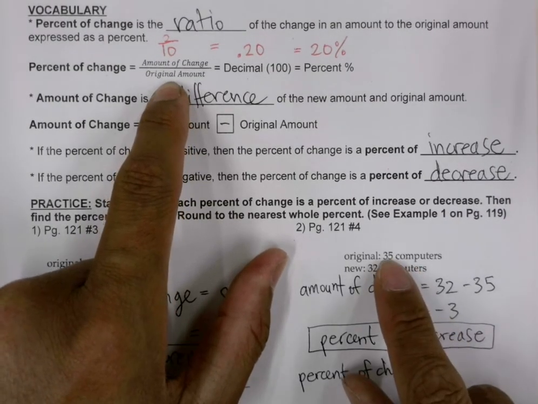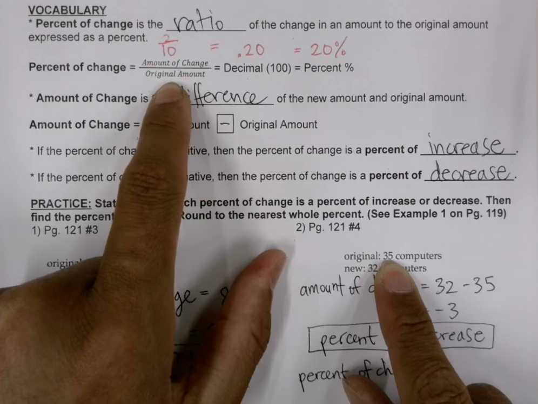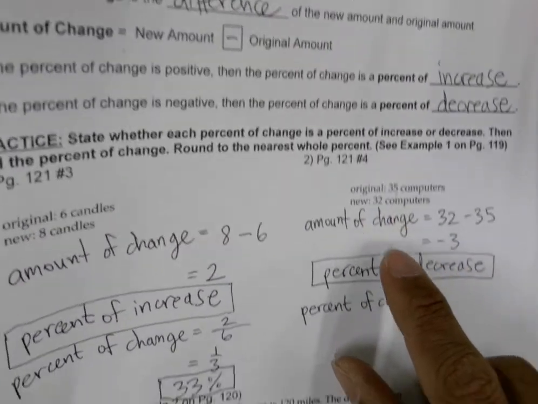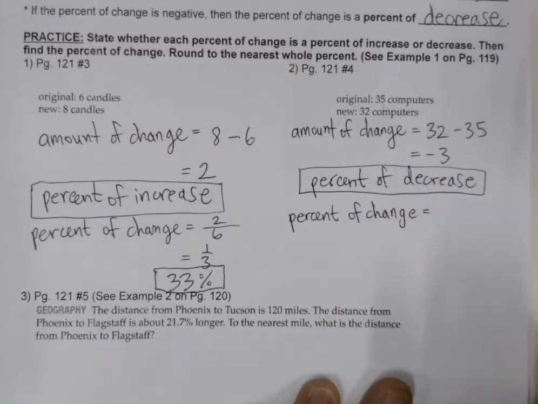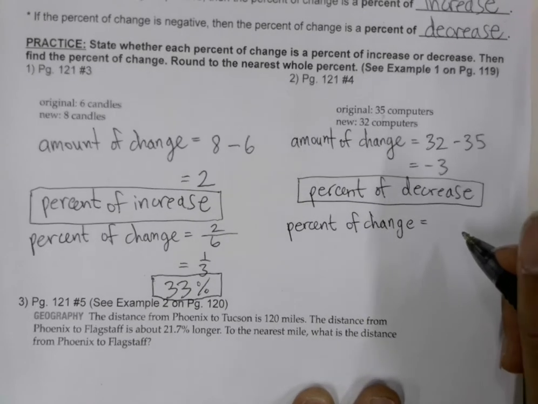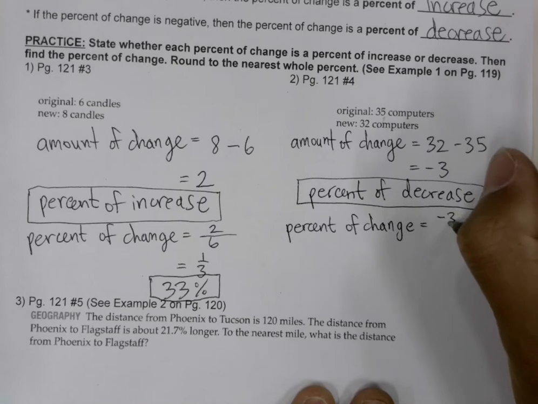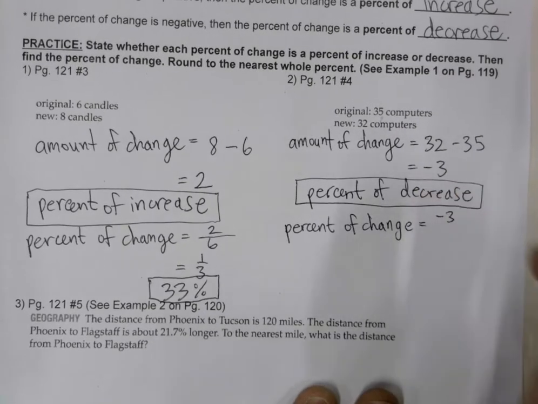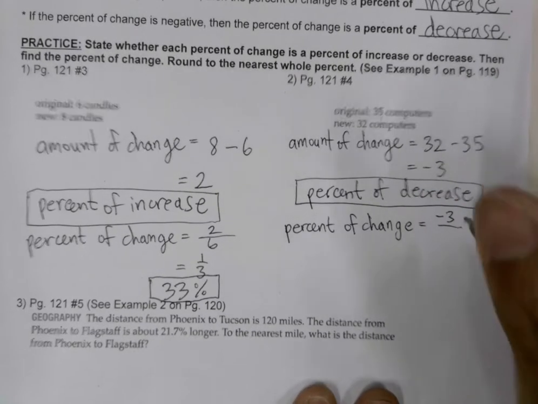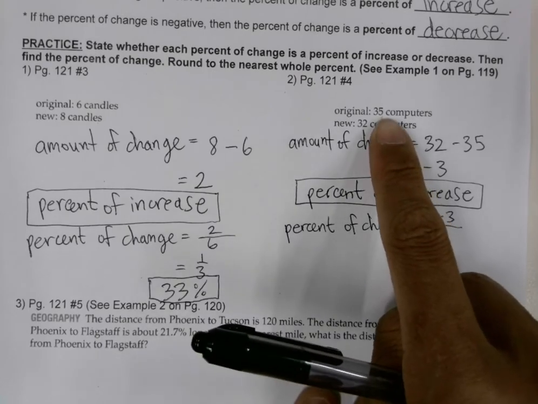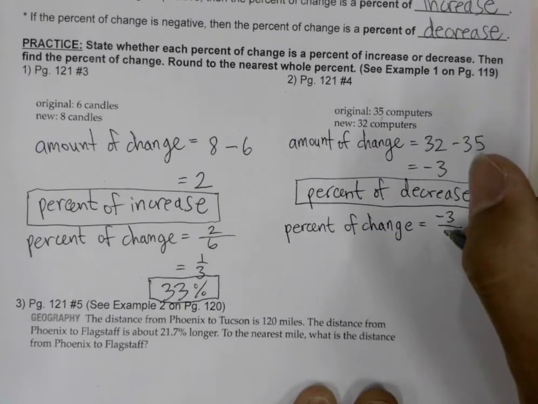Okay. And our original amount was 35 computers. Okay. So let's go ahead and put that into the ratio. It's the amount of change, which is -3, divided by the original amount, which is 35 computers.